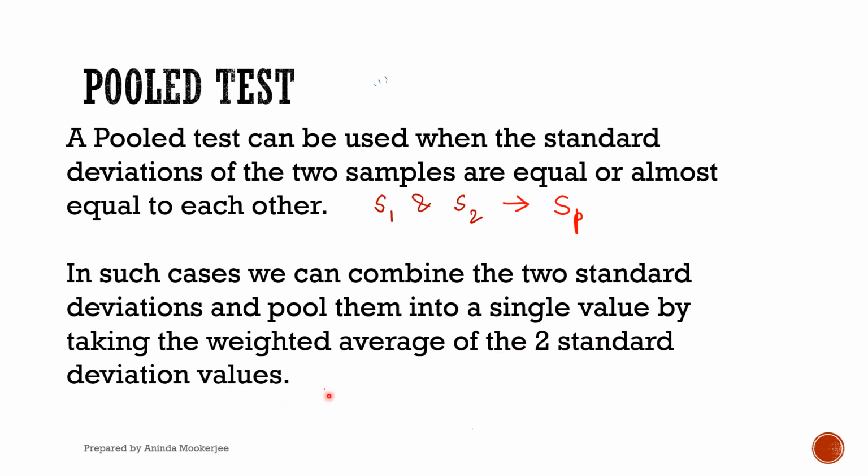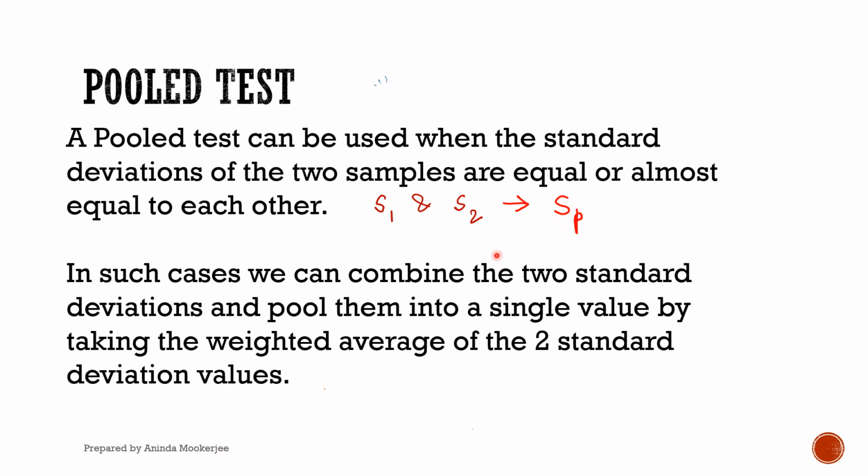So we will go through the formula to combine these two standard deviations and find the weighted average, which will give us S sub p, and the weighted average will be based on their sample sizes. We are going to weight the two standard deviation values based on their sample sizes, and we are going to come up with a single standard deviation value, which is considered to be the pooled standard deviation.